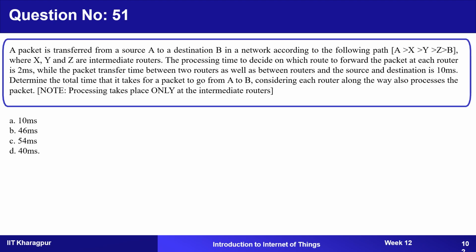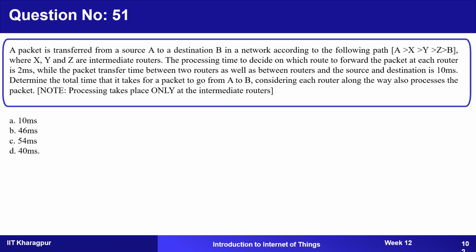Yeah, so I'll repeat the question. A packet is transferred from a source A to destination B in a network according to the following path: A to X, then Y, then Z, and then to B, where X, Y, Z are the intermediate routers.